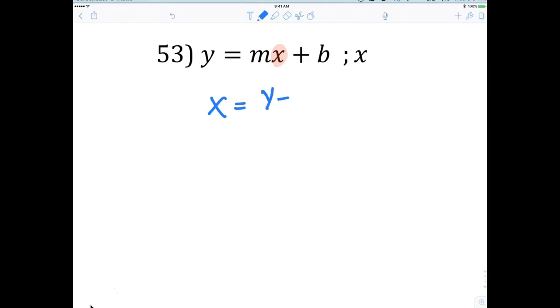Just a minute, Connor. You moved the b, not the y. Yes, I moved the b. Because I did the opposite, I did negative b. And isn't it supposed to be alphabetical order though? Now listen, that's not a bad idea. It's a good thought too, but believe it or not, there's another rule that says generally you put the subtraction after.